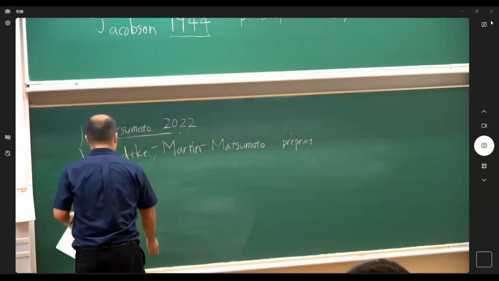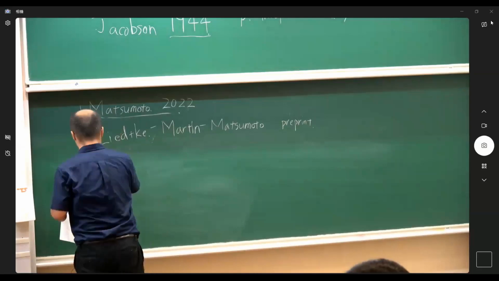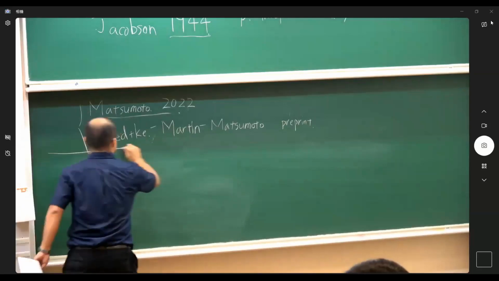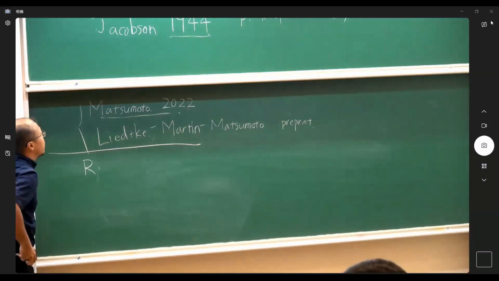But I have not explained that. So these are an explanation of the history of quotient singularities in positive characteristics.